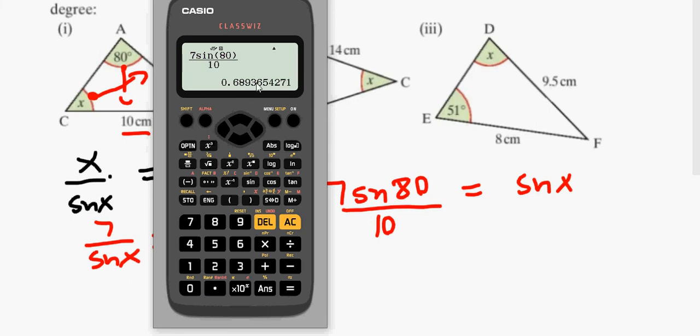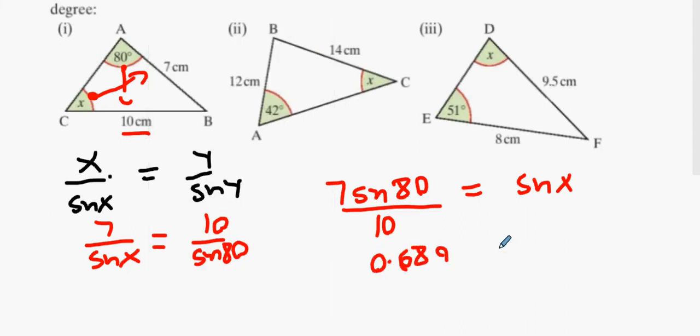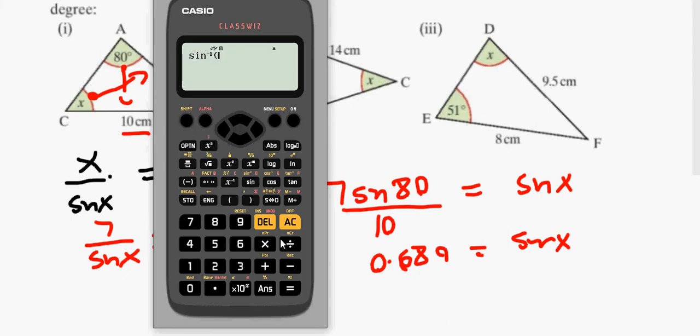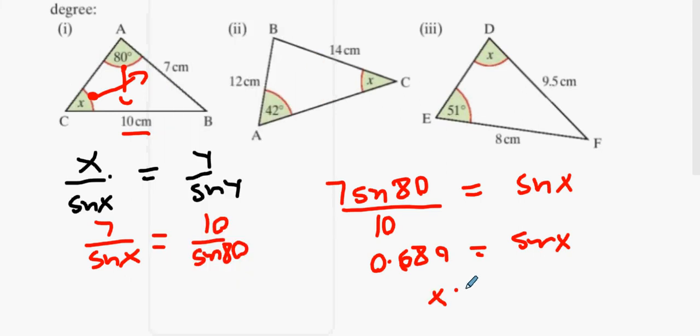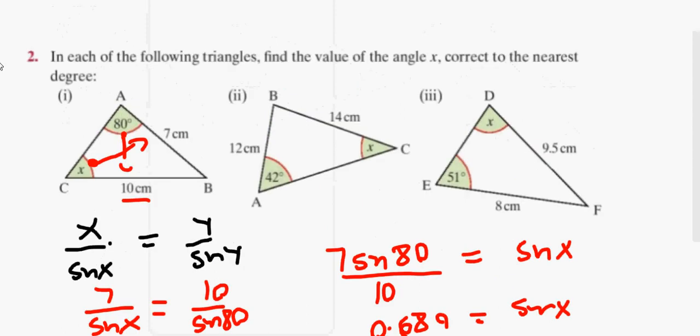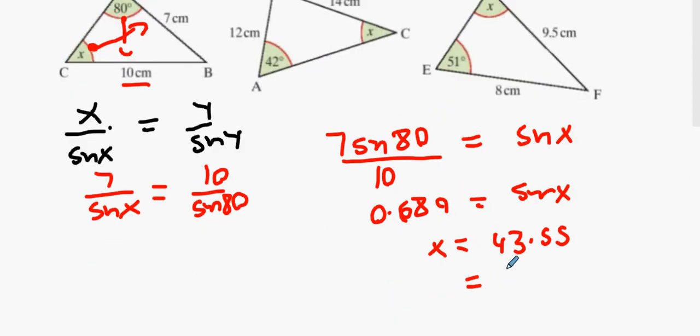You're going to sine inverse that number. So 0.689 equals sine X. Sine inverse that number to get the angle X. Shift sine inverse 0.689, and you get 43.55, and it wants it to the nearest degree, which would be 44 degrees, right?